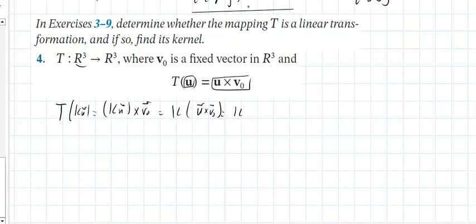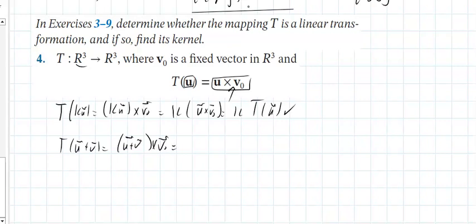And that will be K T applied on U. So that works. And if I take T applied on U plus V, let me just think, that's going to be U plus V crossed with V naught.